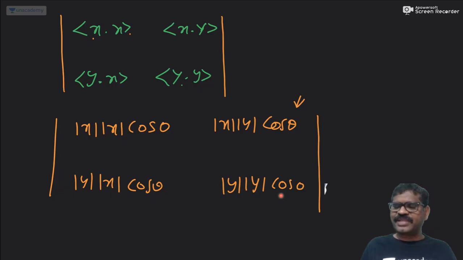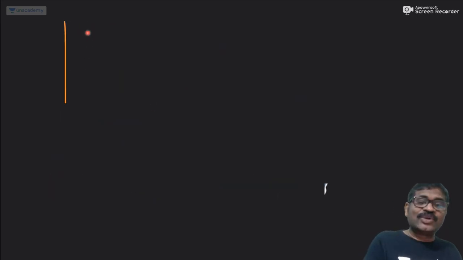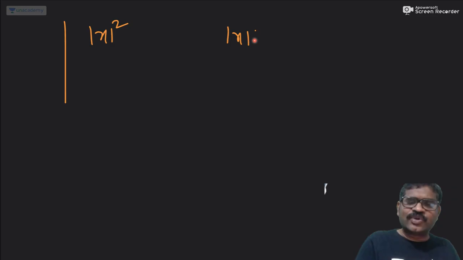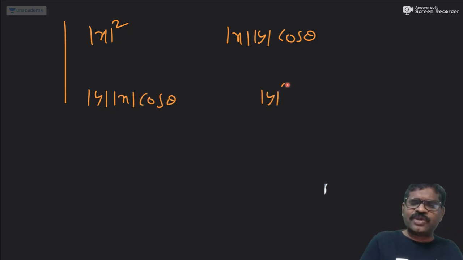Continuation. Mod x into mod x, mod x square, cos 0 is 1. Mod x into mod y into cos theta. Mod y into mod x into cos theta. Mod y whole square.